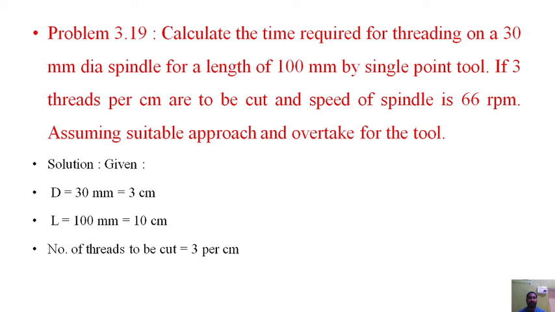If 3 threads per centimeter are to be cut, this is useful for finding the pitch. The pitch is given by 1 divided by the number of threads per centimeter. The number of threads per centimeter is 3, so 1 divided by 3 is your pitch, and the rpm is given as N is 66 rpm, assuming suitable approach and overrun.